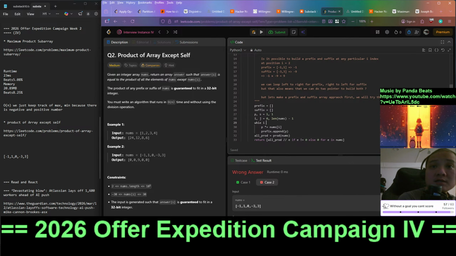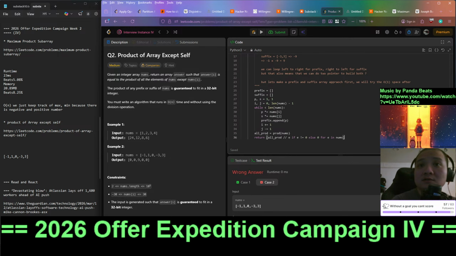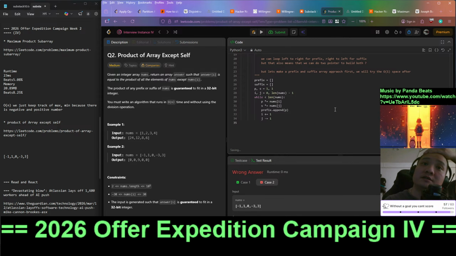So i is less than length of nums, right? i plus equal 1, and suffix nums of j, right? j minus 1. Right, so after this we basically got the suffix and the prefix, right?